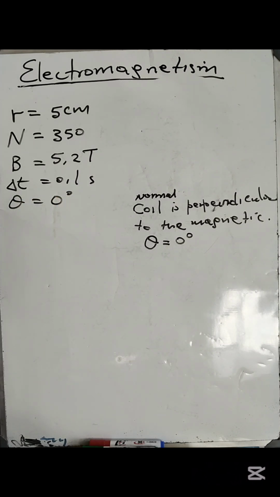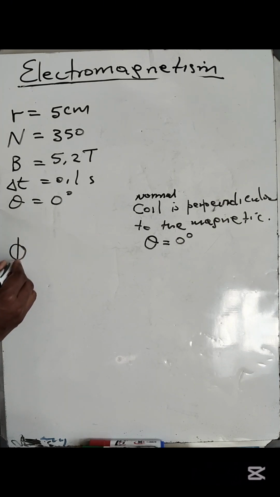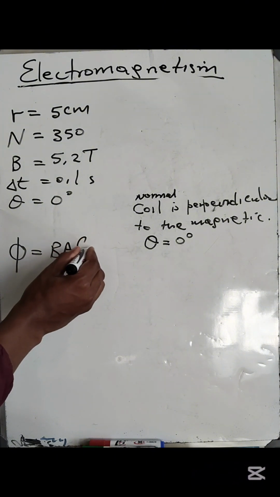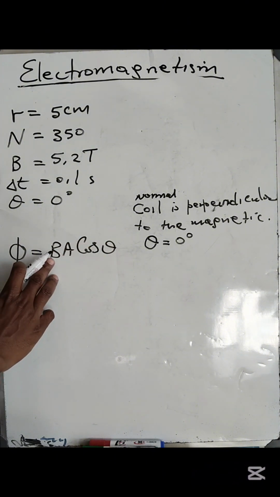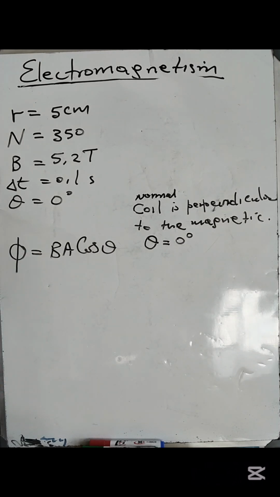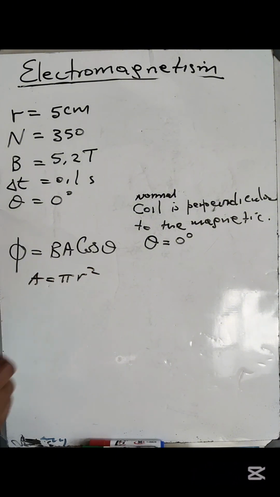Okay. So the first question says calculate the magnetic flux linkage. This is the symbol for the magnetic flux. So with this formula from the formula sheet, B is the magnetic field, A is the area. Now that we have a radius, which means we are talking about a circle, the area of a circle is pi r squared.